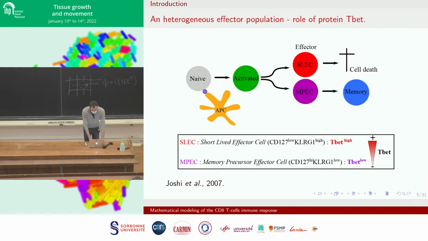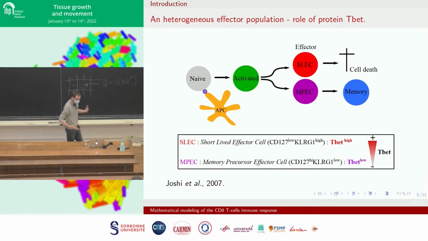And what you can just keep in mind for the following is that there is this protein, the protein TBET, which is expressed in CD8 T cells, and that is known to promote the development of the SLEC profile and to repress the development of the MPEC profile.